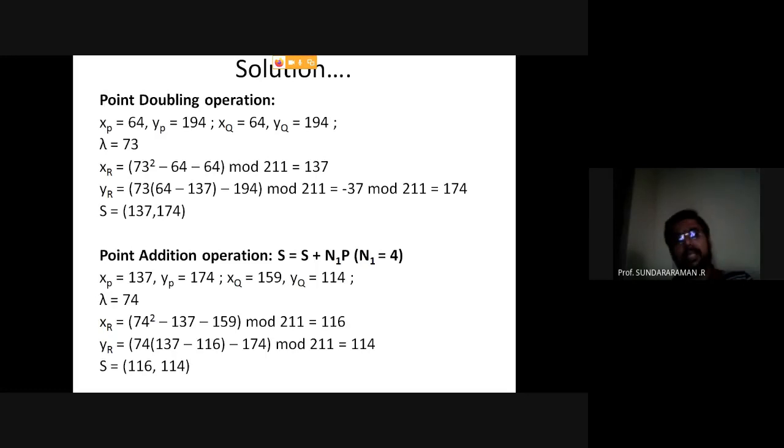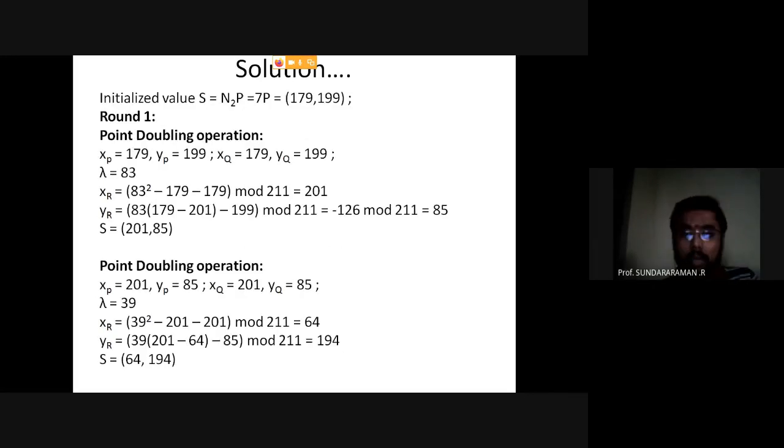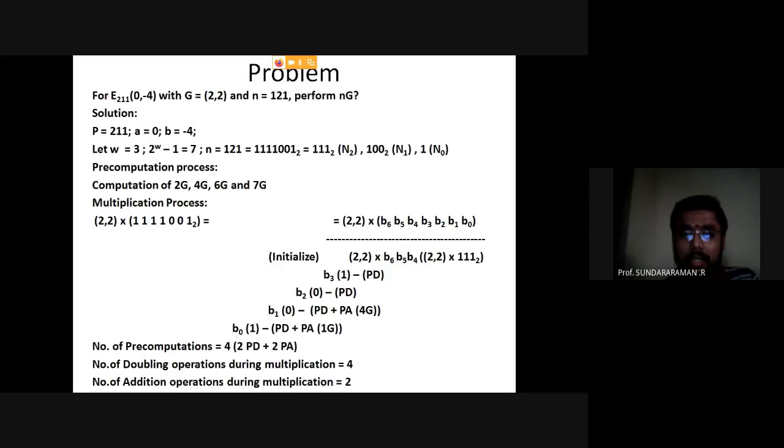So after performing that, now N1 into P we have to do. So previous result, that is S resulting from the 3 times point doubling, needs to be added with N1 into P. N1 into P was already computed. What was N1? N1 equal to 100. Just look at this slide. In the problem statement, we have split it.